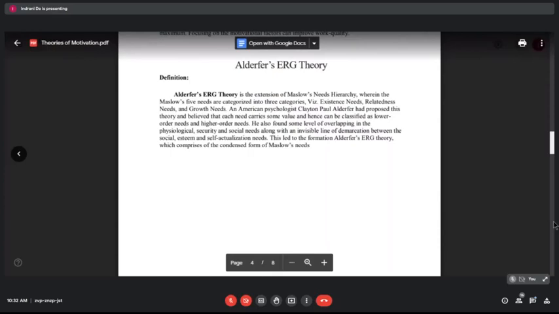In the case of Maslow's, we have seen five needs. And in the case of Alderfer's ERG theory, on the basis of Maslow's theory only, he developed three basic needs: existence needs, relatedness needs, and growth needs.